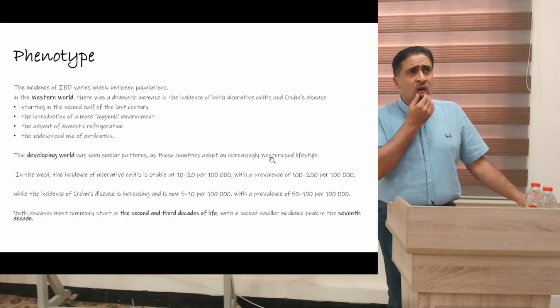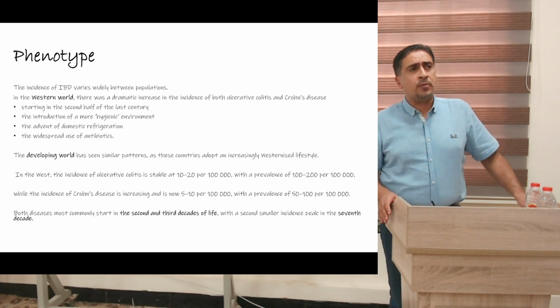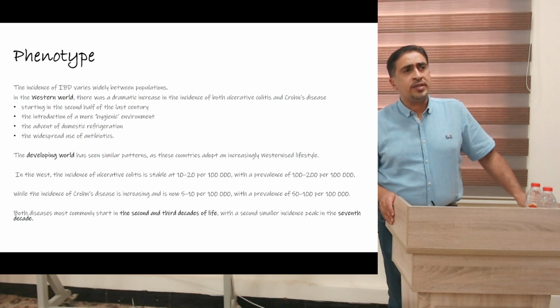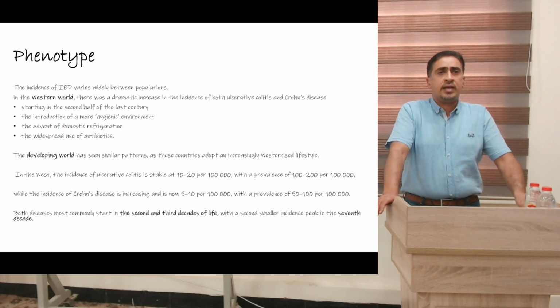Okay, what is the incidence of inflammatory bowel disease? It varies between different populations. For example, in Western countries, there was a dramatic increase in the incidence of both ulcerative colitis and Crohn's disease. They saw that there is a recent increase in incidence over the last century.